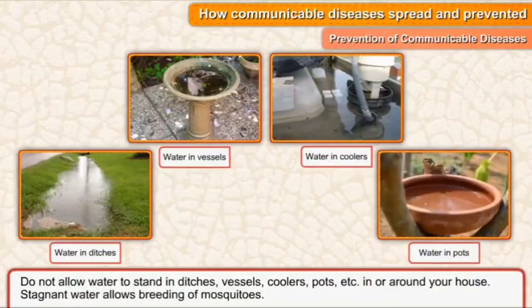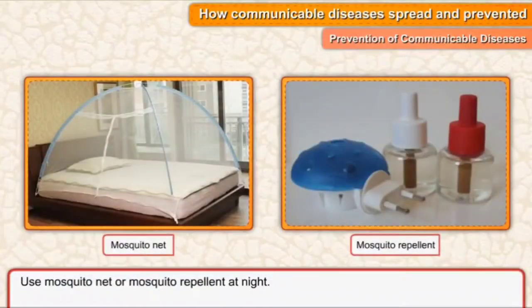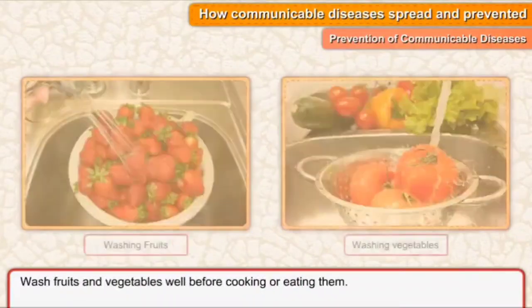Do not allow water to stand in ditches, vessels, coolers, pots, etc. in or around your house. Stagnant water allows breeding of mosquitoes. Use mosquito net or mosquito repellent at night.